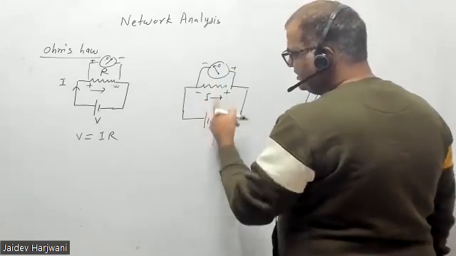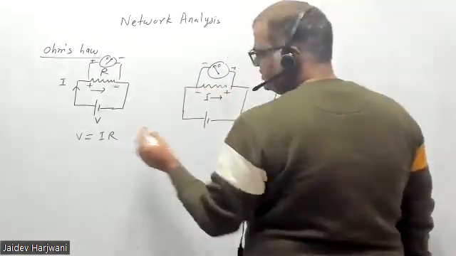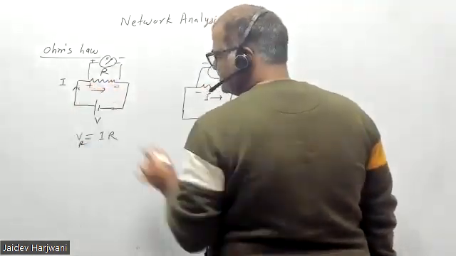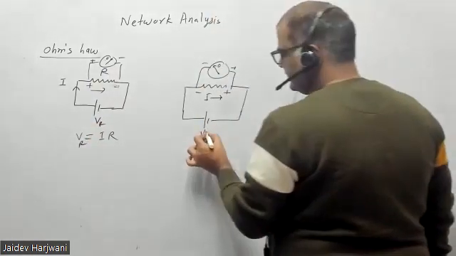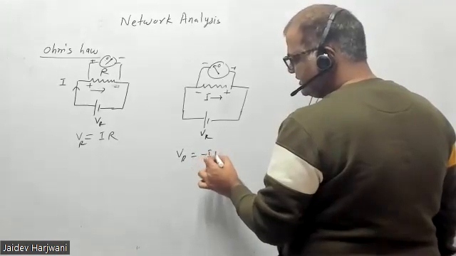So now if I measure this voltage drop across the resistance, this is the battery, and say this is VR, a voltage drop across this one. Then VR will be not IR, it will be minus IR.